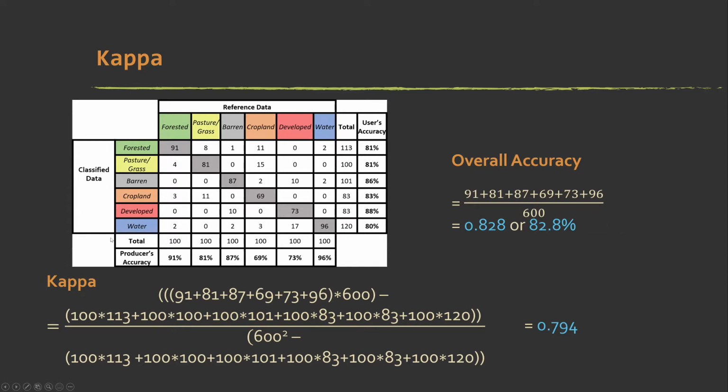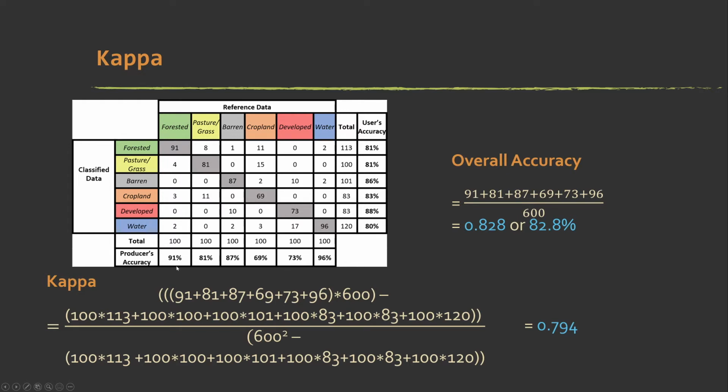And then for kappa, we're doing a chance adjustment for that. How that works is you take your total number correct and multiply that by the total of the table, so our corrects times the table total, or 600. Then you divide that by the table total squared. For both the numerator and the denominator, you have to have this adjustment factor.